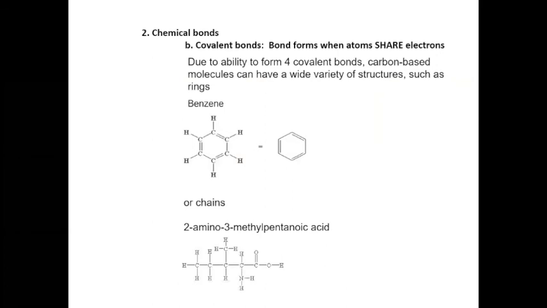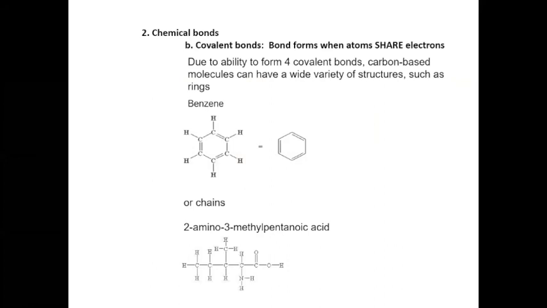So these kinds of bonds form when atoms share electrons. And because carbon, we'll go all the way back to carbon now, carbon can form up to 4 different bonds, then it can form all kinds of shapes. Benzenes, you can form chains, so you can get rings.